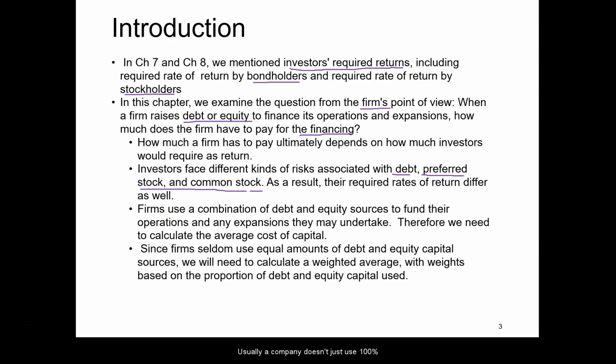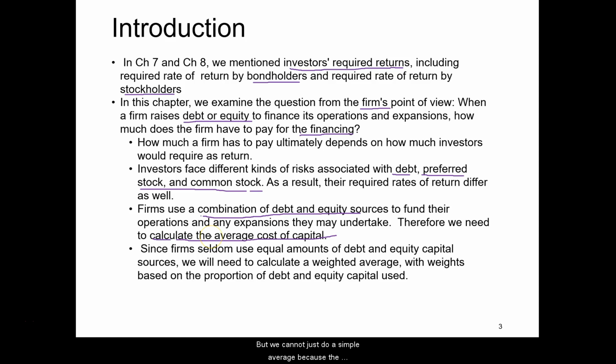Usually a company doesn't just use 100% debt or 100% equity. Instead, they would use a combination of debt and equity to fund their operations and expansions. So that's why we need to estimate the average cost of capital. We are looking at the cost of capital as an average across the cost of debt, cost of preferred stock, and cost of common equity.